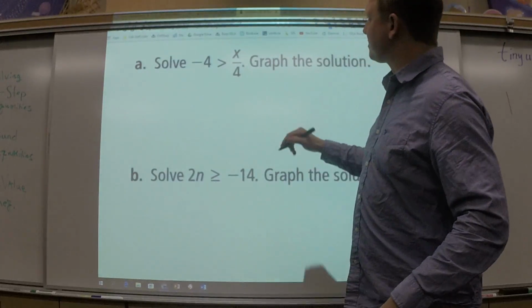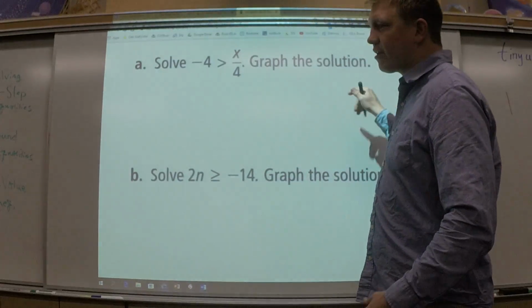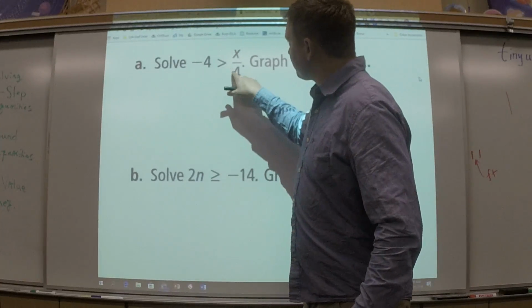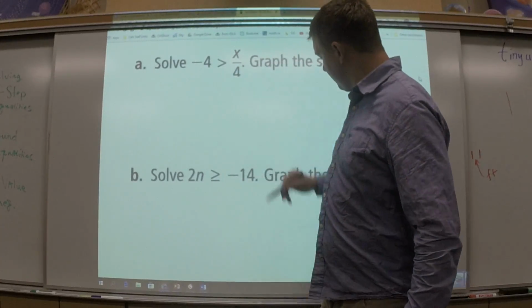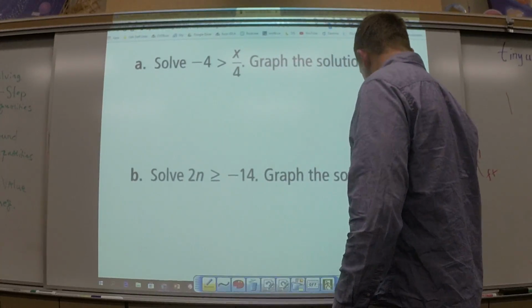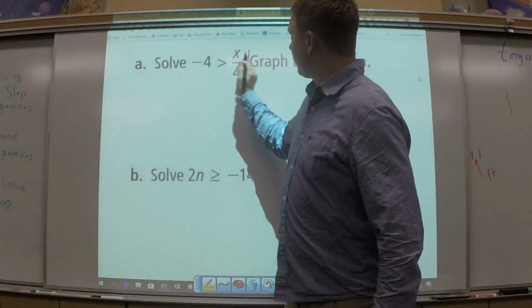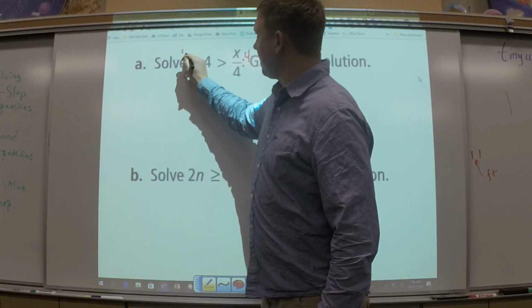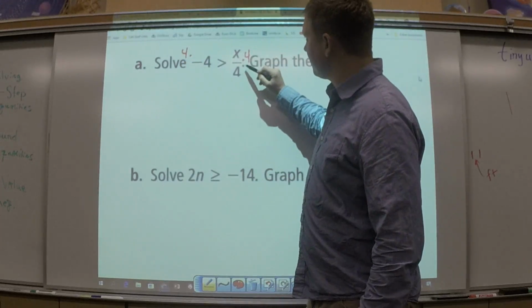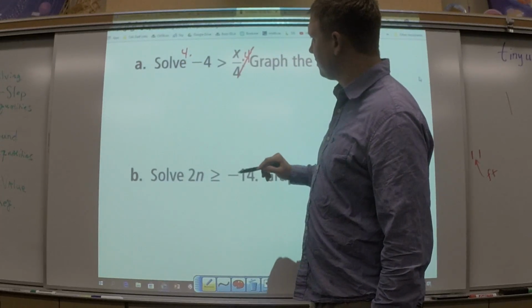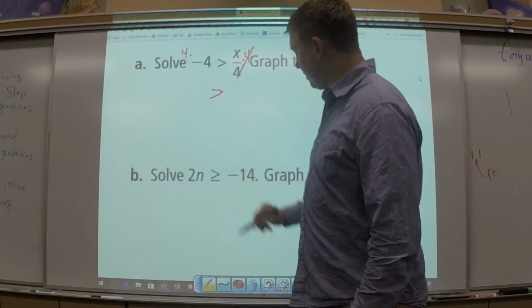So let's start out by solving this. It says solve this and graph it. Okay. So this particular one, what you will do is multiply by 4 right there, and whatever I do to one side I must do to the other side, so I multiply by 4 on both sides. These will cross out, and I drop down my inequality.